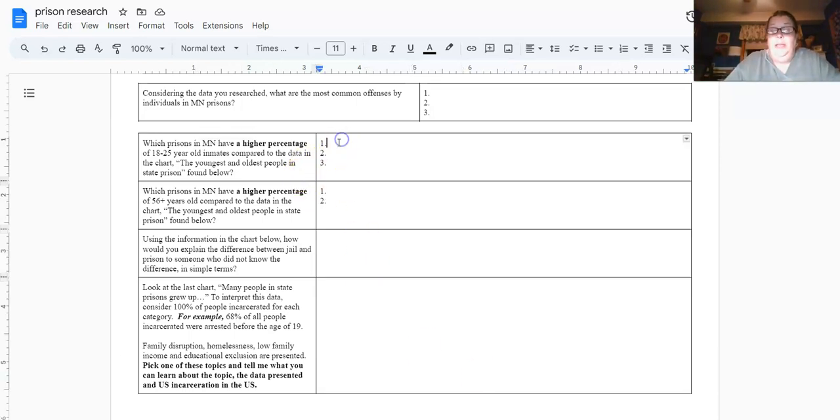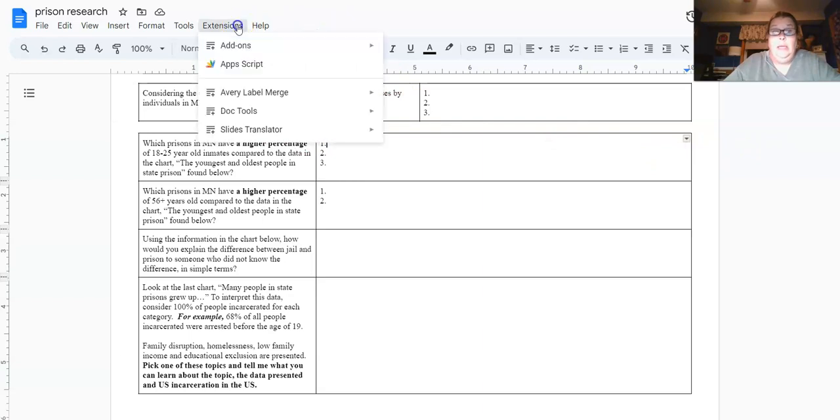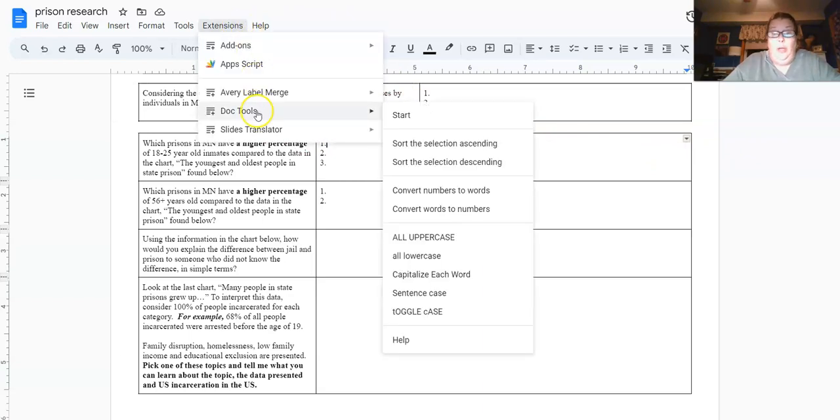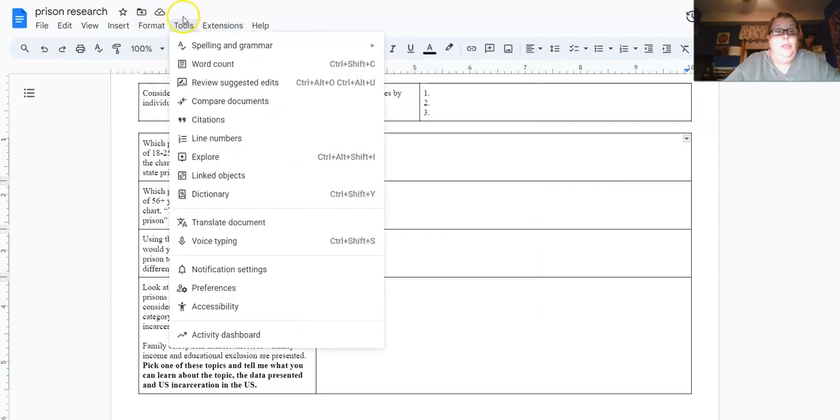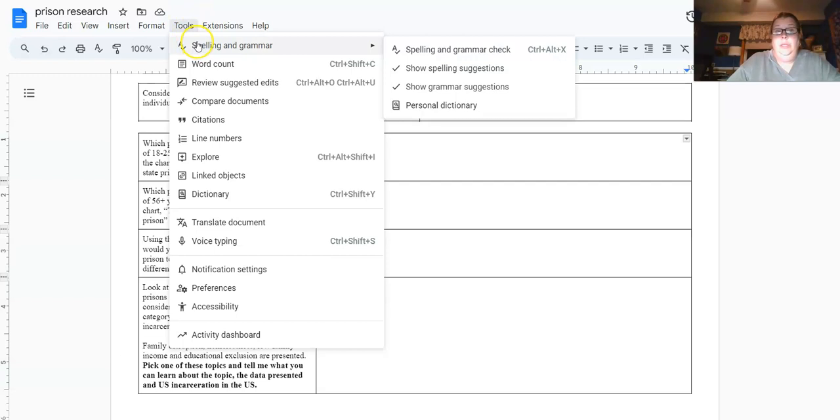if there is something that is underlined in red, meaning you have misspelled it, it is your responsibility to make that correction. If you don't make that correction and it is misspelled, I will not grade that question, because spelling is something that is done automatically on here. If you don't know how to do the tools, you go to tools, you hit spelling and grammar check.